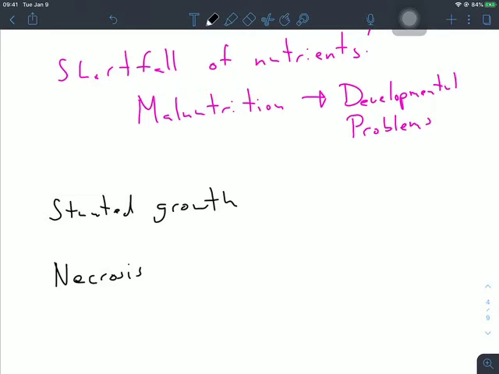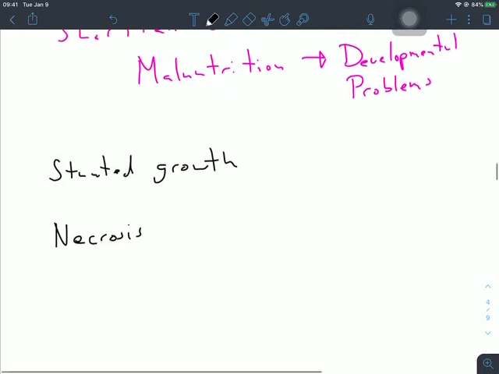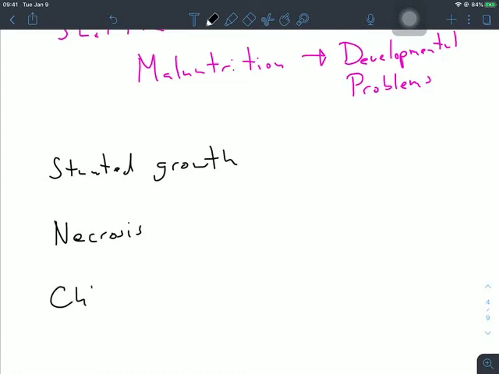So you get a lot of black spots in this kind of phenotype. And then last but not least, we have our chlorosis. And chlorosis is the yellowing of leaves, meaning that they're lacking the materials necessary in order to perform all the metabolism associated with photosynthesis. They're not building your chlorophylls correctly.